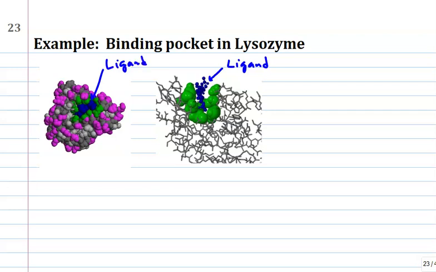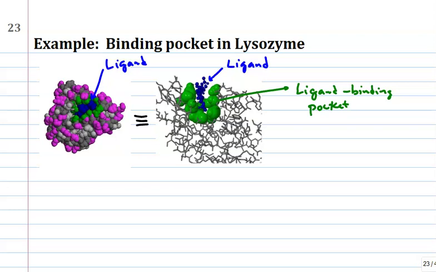And here, the ligand binding pocket is green. And again, these are the same thing. They're just different renderings, different representations.